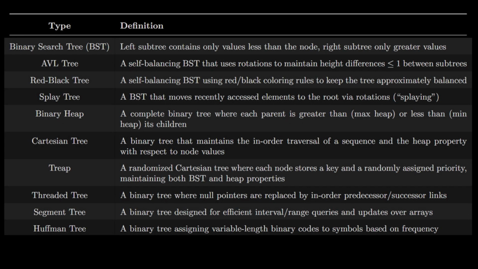A Huffman tree is a binary tree that assigns variable length binary codes to symbols based on their frequency for optimal compression. This kind of compression is called lossless, meaning no information is lost when encoding or decoding the data. The term symbol means any unit we want to compress, like a character, word, or number.